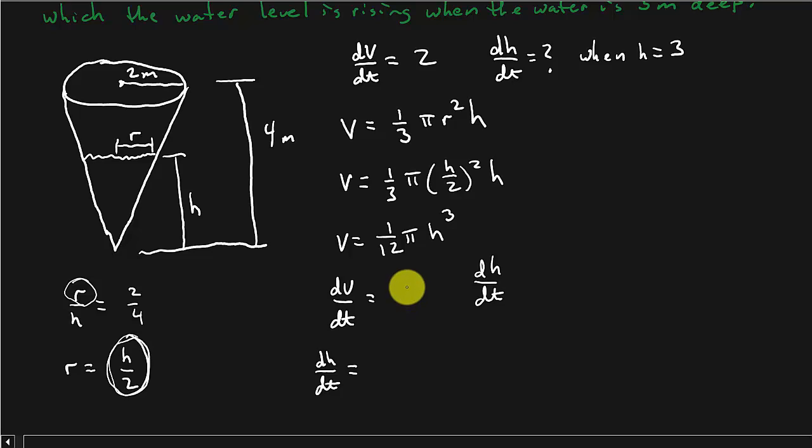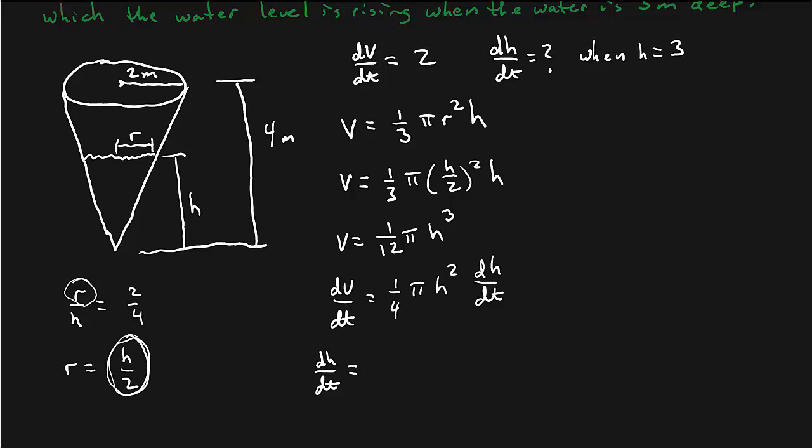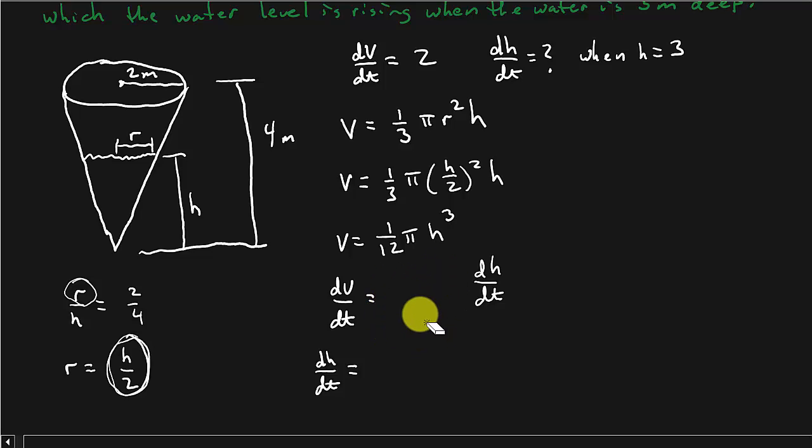Let me undo that so I can see what I had written there. All right. Okay, so that's pi over 4 and h squared. So that's going to be pi h squared over 4.